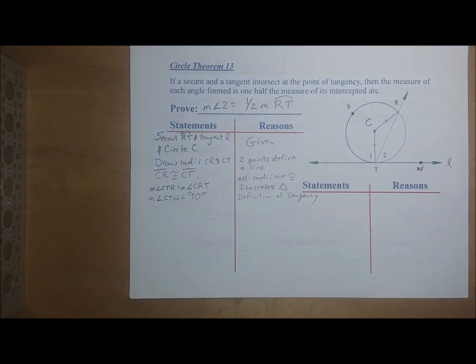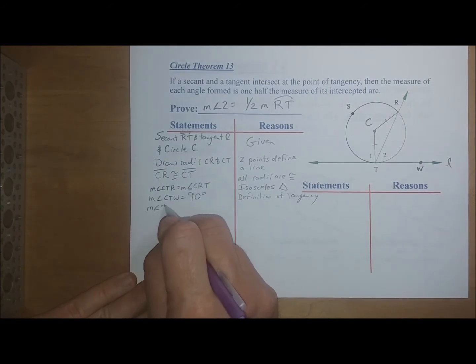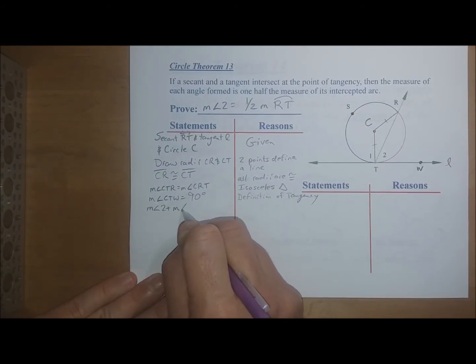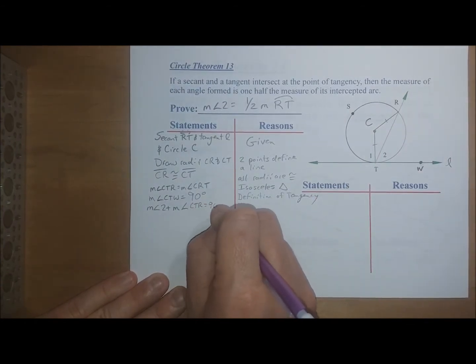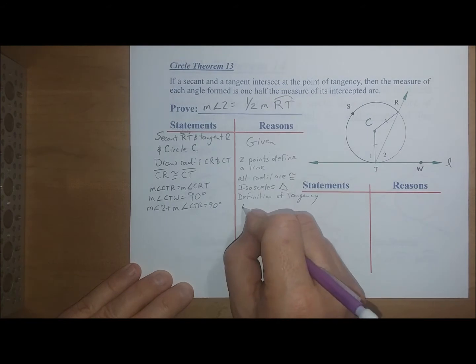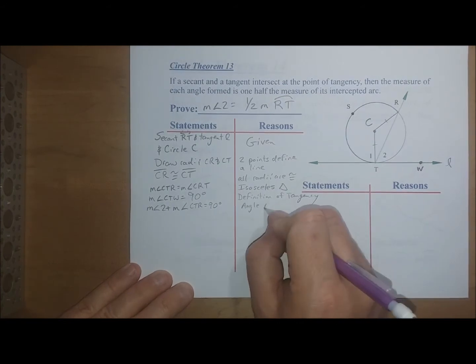That's a theorem that we've proven. Okay. Where are we going to go from there? I notice that the measure of angle 2 plus the measure of angle CTR equals 90, right? Is that the angle addition postulate? I'm just going to add those up.